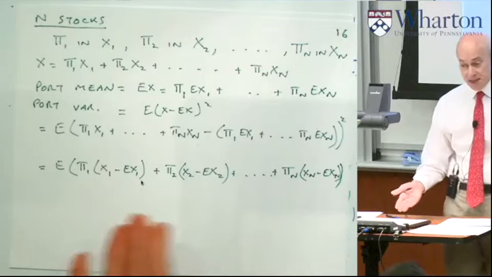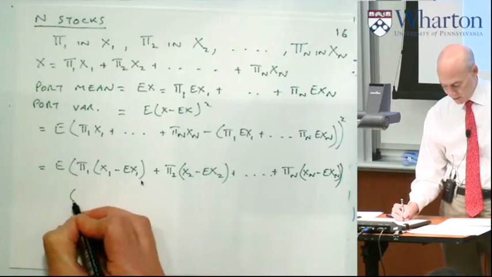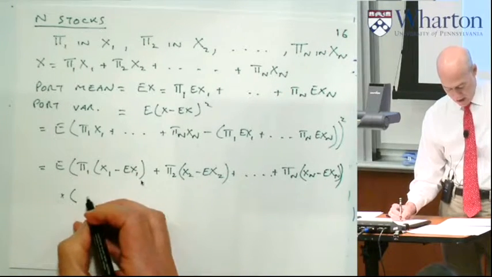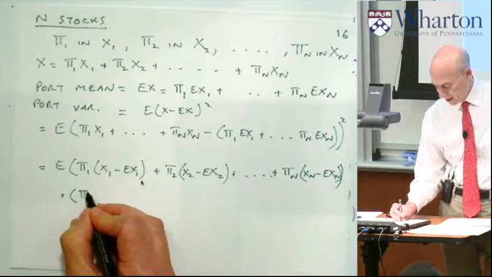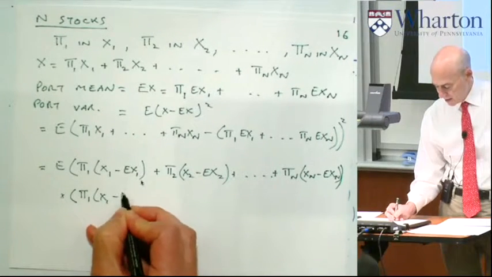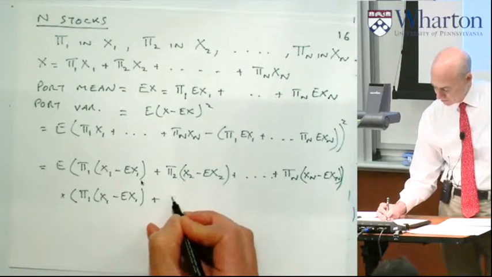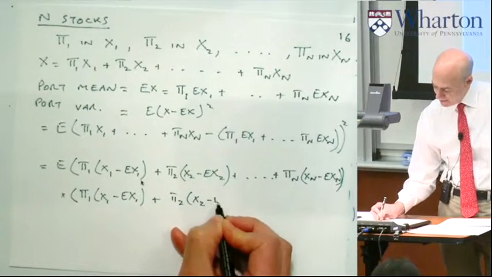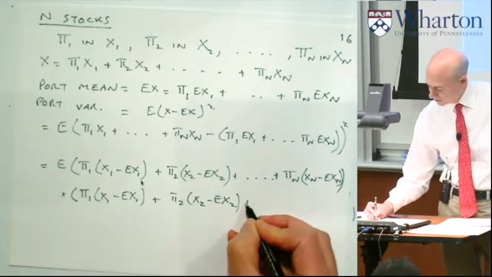Now we could square it, but let's actually write it out in full so that we can see which terms we get. So we get the same thing again, and then we can square it out.